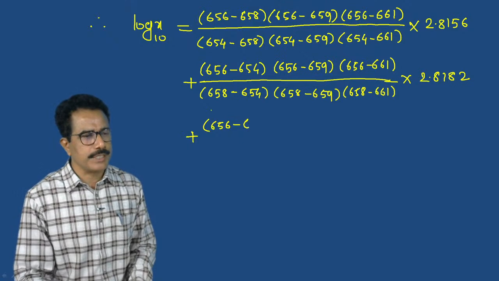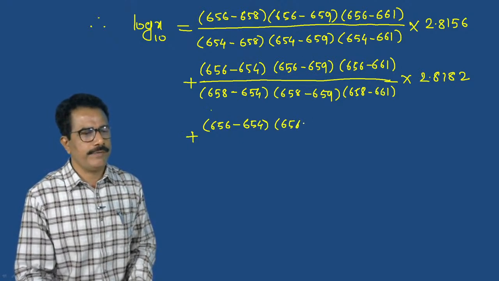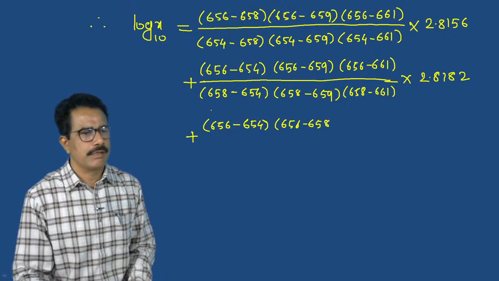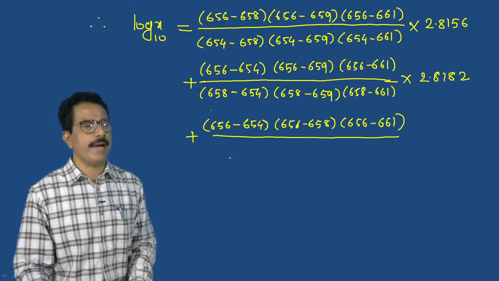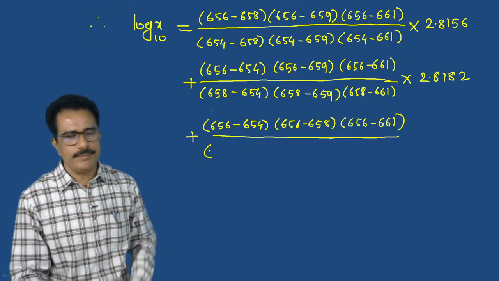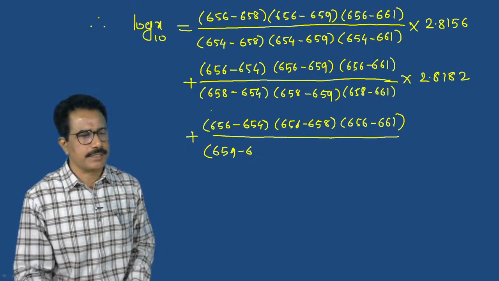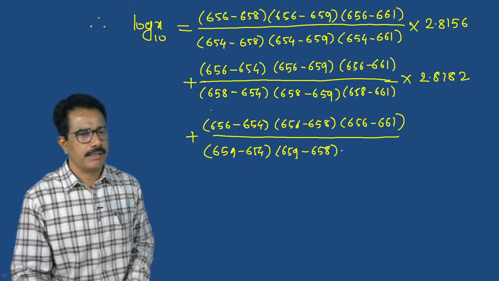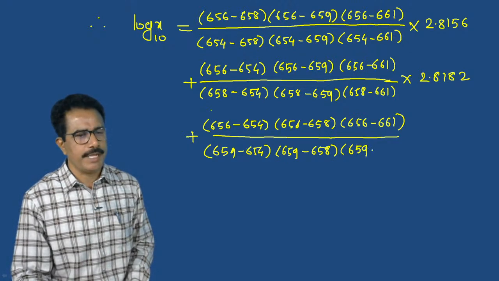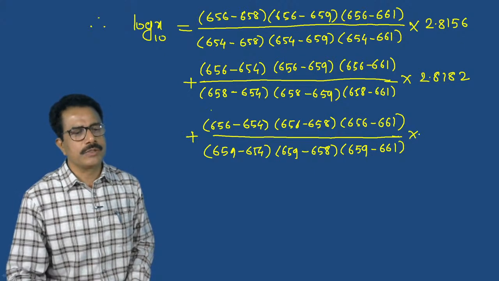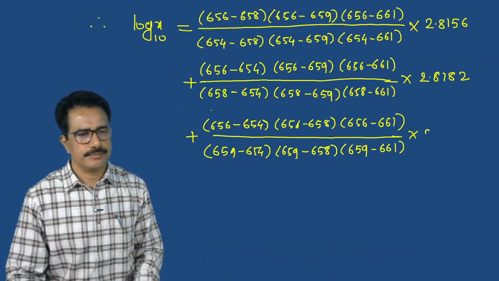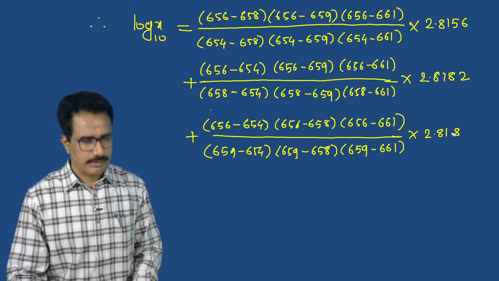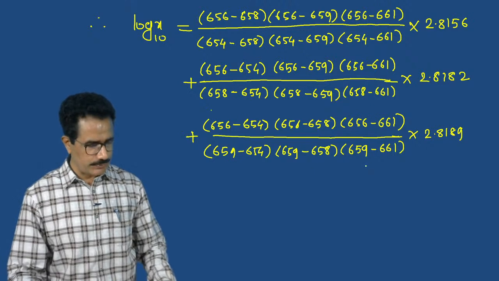What is the value of x0? 654. 656 minus 658, 656 minus 661 divide by x2 minus x0 means 659 minus 654, 659 minus 658, 659 minus 661 into f of x2. f of x2 means 2.8189.